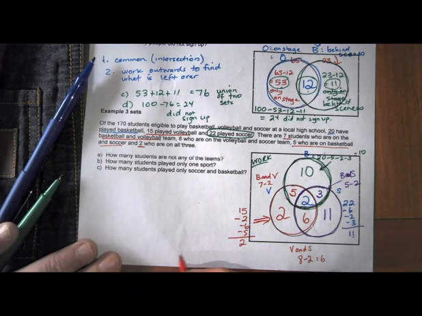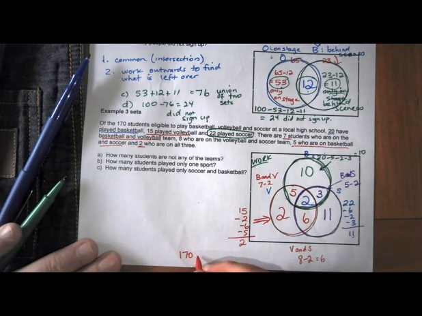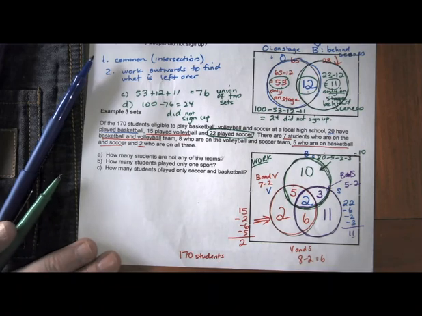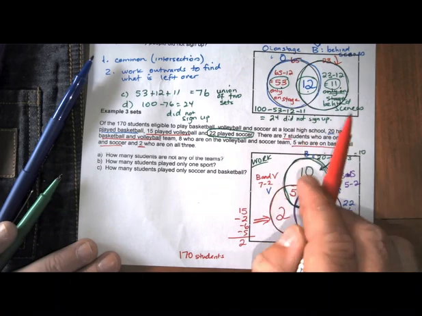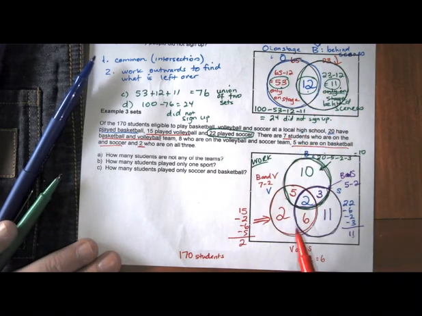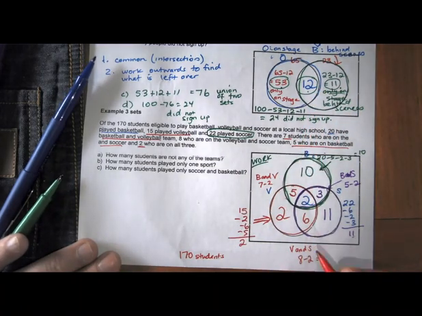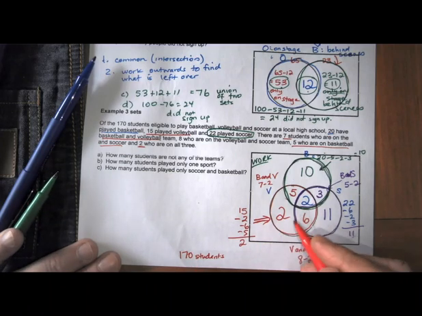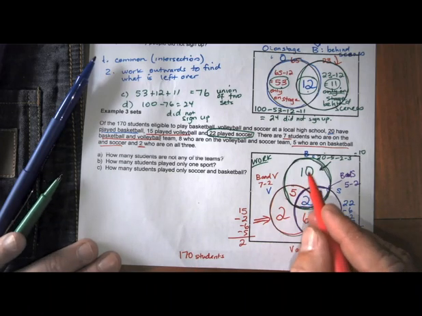The only other thing we haven't dealt with is the 170 students were eligible to play. Well, just like we did up here, to find out how many people were not on any teams, all we can do is subtract off all these entries.